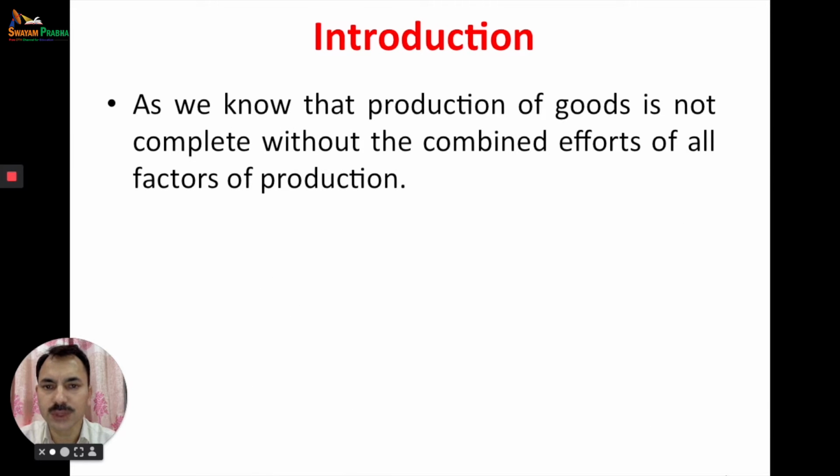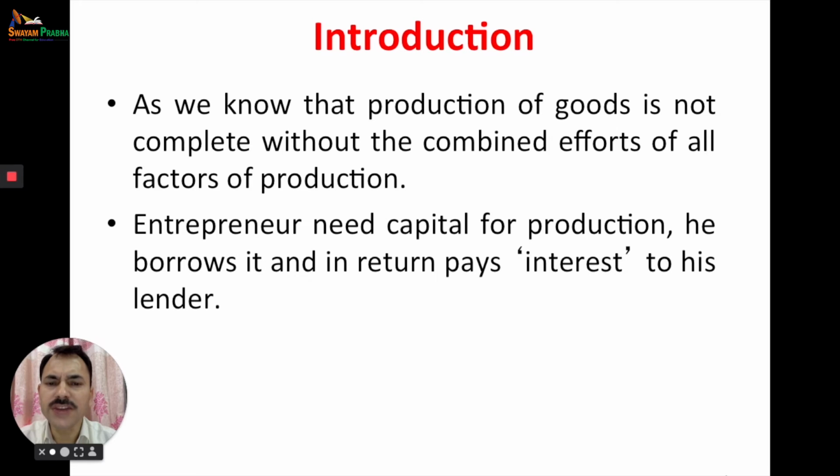But before that, the basic concept of interest. As we know, production of goods is not complete without the efforts of all factors of production, like land, labor, capital, and entrepreneur. Entrepreneurs need capital for production. He borrows it and in return pays interest to his lender.